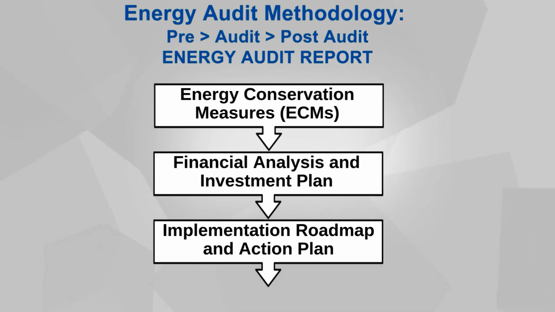Regular data collection and analysis are conducted to compare the post-implementation energy consumption with the baseline and calculate the realized savings. The M&V process helps demonstrate the effectiveness of the implemented ECMs and provides valuable insights for future energy efficiency initiatives, followed by continuous improvement and ongoing monitoring.